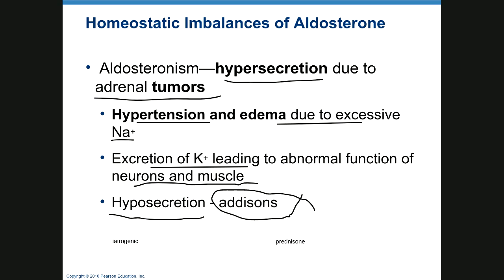And so when you quit giving it to them, suddenly they just don't produce the aldosterone, because prednisone acts as cortisol and aldosterone. And you suddenly get a really, really severe drop in blood pressure because you lose all your water.